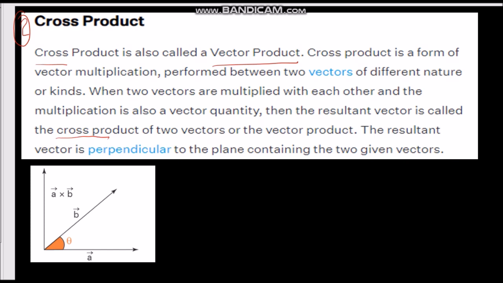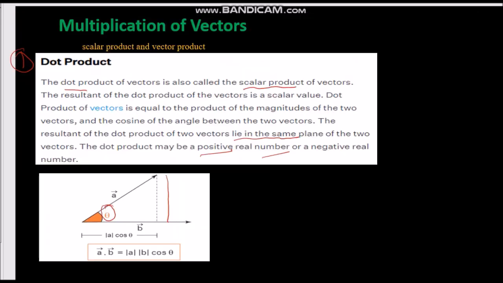Note down here, the resultant vector is perpendicular to the plane containing the two given vectors. But in the case of the scalar product or dot product, the resultant lies in the same plane. Don't forget that.